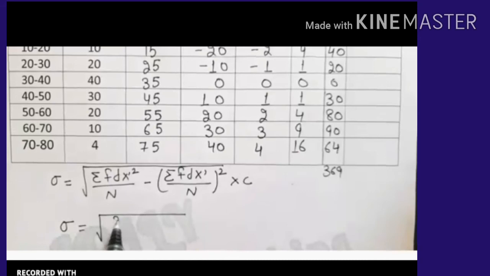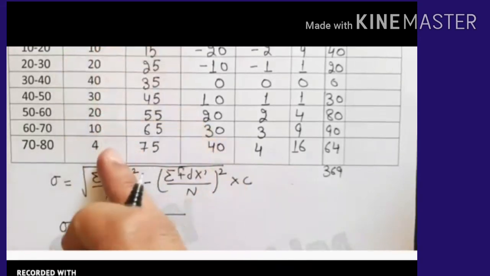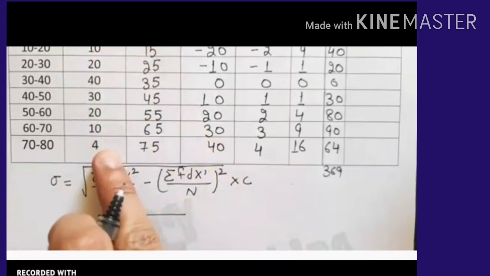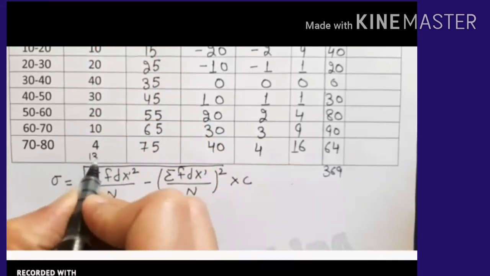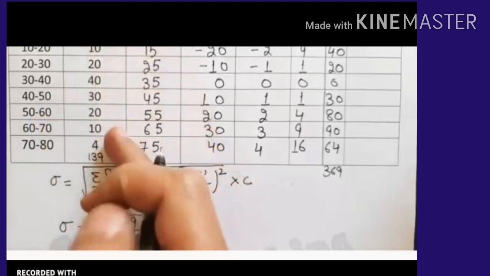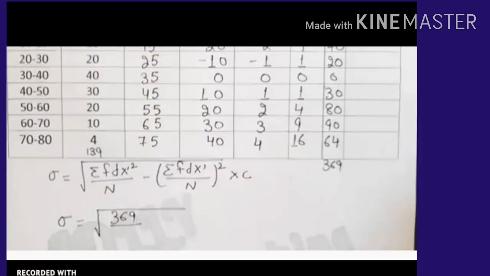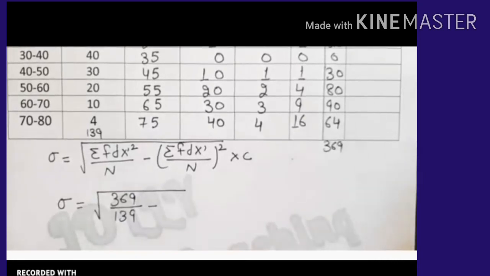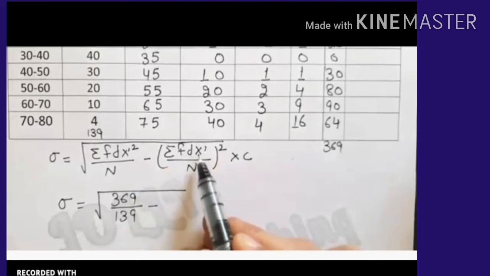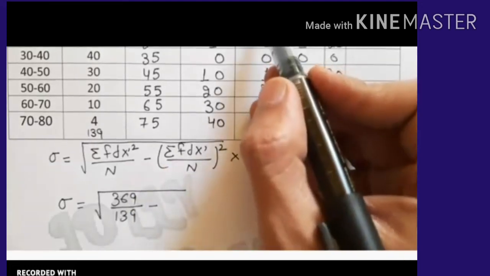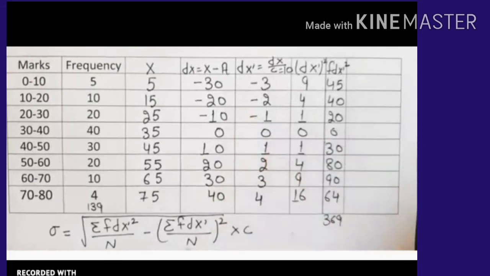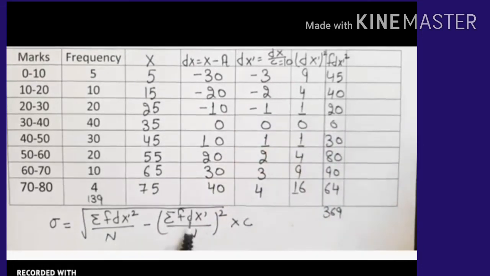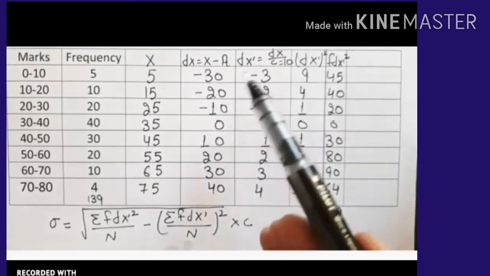So 369 divided by the total frequency, which is 139. So you have to divide it by 139. Then subtract the square of sigma fd dash by n.